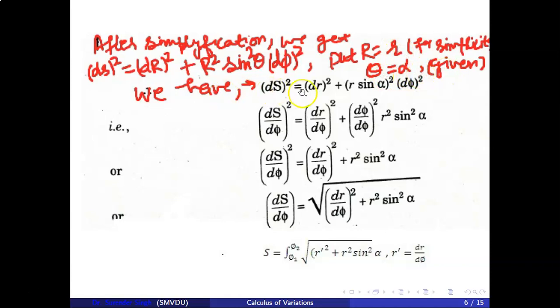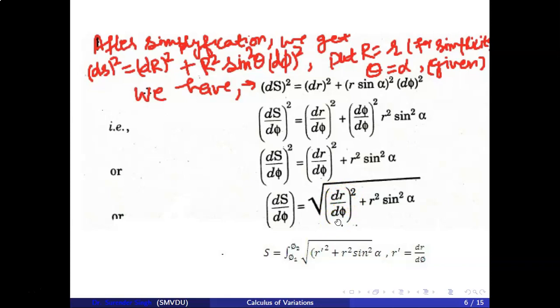So, we have ds square equal to dr square plus r sine alpha square d phi square. Now, if you divide throughout by d phi square, you get this type of equation. Here, (ds over d phi) square equal to (dr over d phi) square plus r square sine square alpha, and ds over d phi equal to this thing. Now this dr over d phi means the derivative of r with respect to phi.